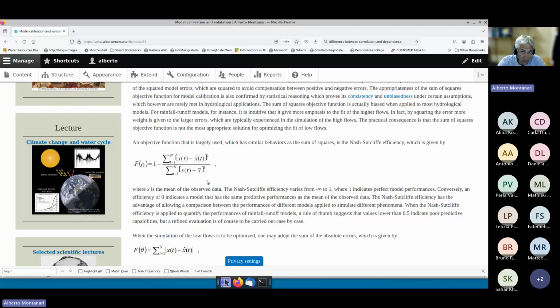So when I said least squares leads to the same results as the Nash efficiency, you don't have to take it literally, okay? In R, if you minimize least squares and you maximize Nash efficiency, you get very similar values of the parameters, but not precisely the same value. Of course, there is a numerical routine in between that is used, okay?